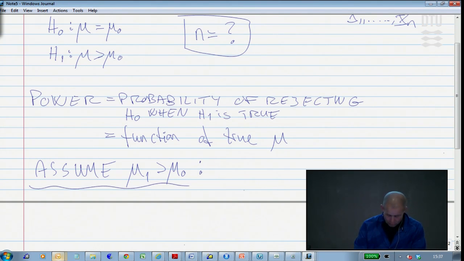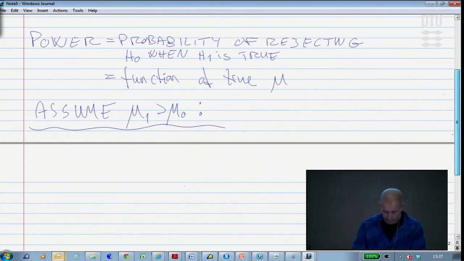Let's try to see if we can find the power in this case. I'm telling you that power is the probability of rejection.